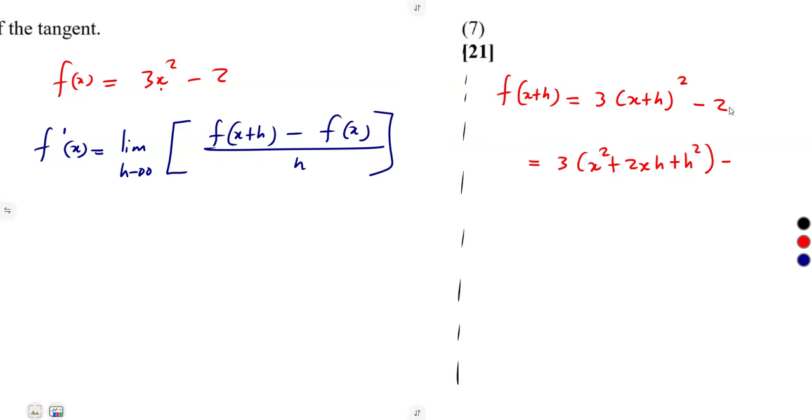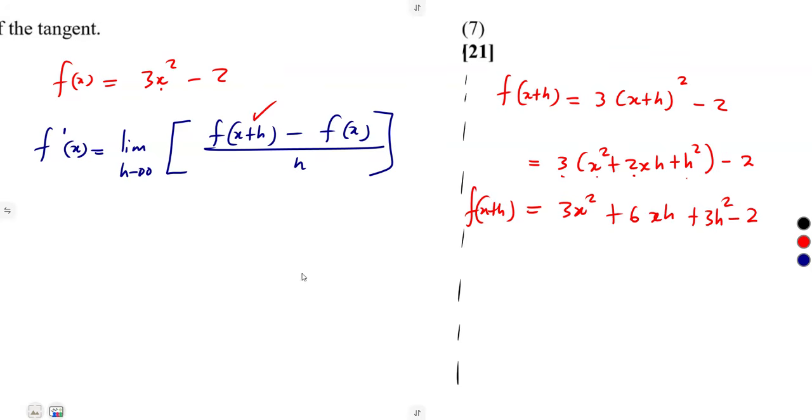H squared. Then subtract 2 from that. Expand the bracket by 3. 3 times this, 3x squared, by this, 6xh, by this, 3h squared. All right, minus 2.